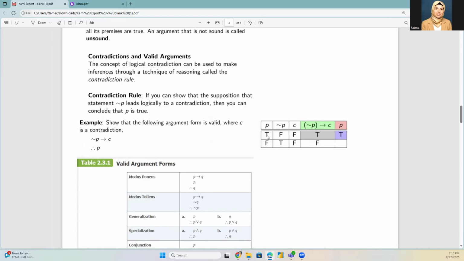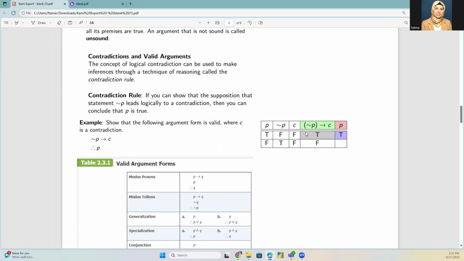For P, it will switch between true and false. So not P will be false and true. C, a contradiction, means just false and false all the time. So if not P, then C will be false only if the first one is true but the second one is false, which is the second row. So this is the only one that is true here. Now the conclusion is just P, which is true.